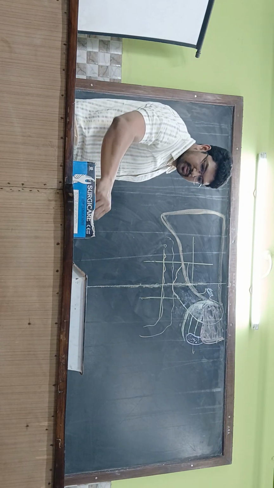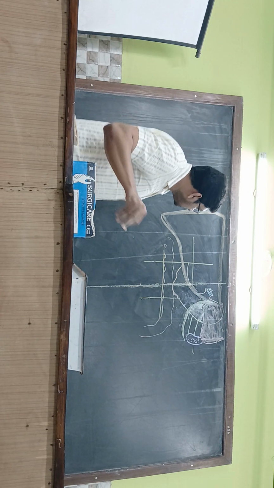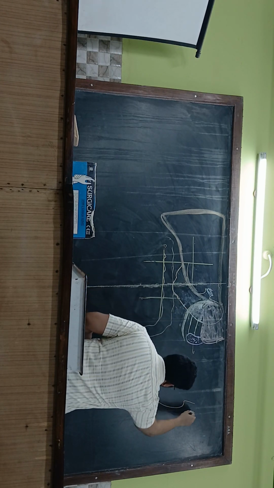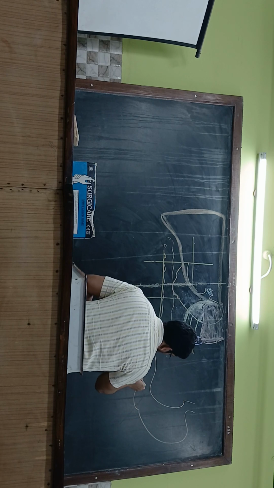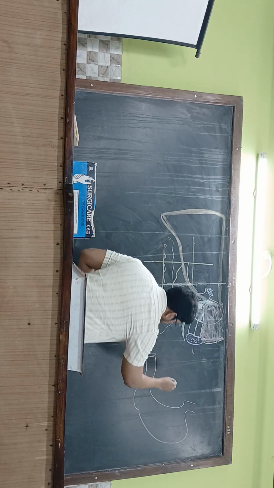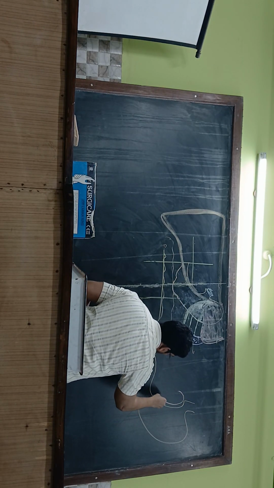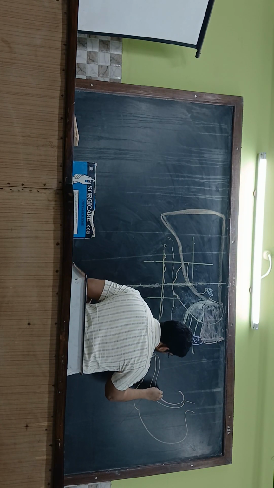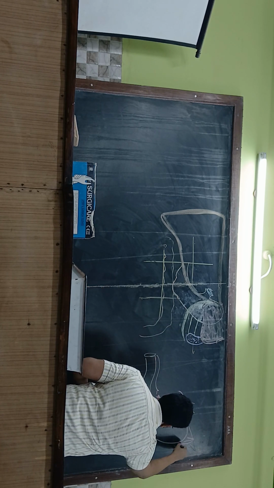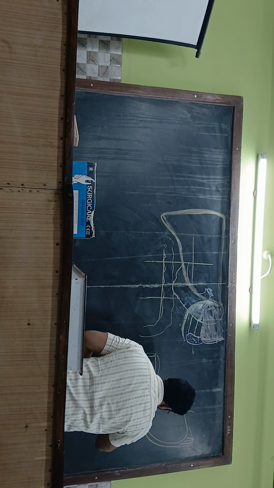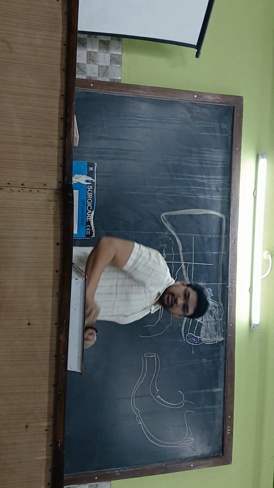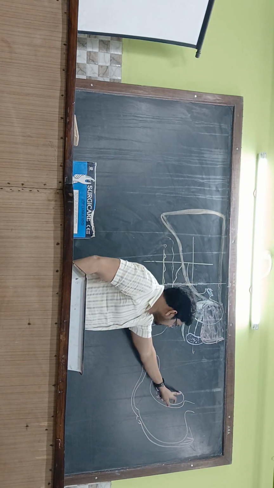What are the vessels which supply the stomach over here? So what are the branches of, what is this artery?